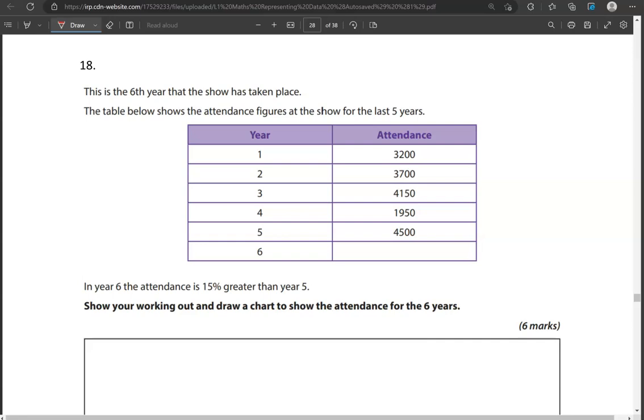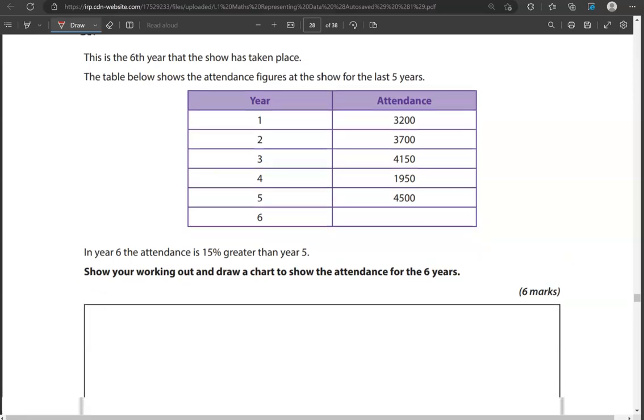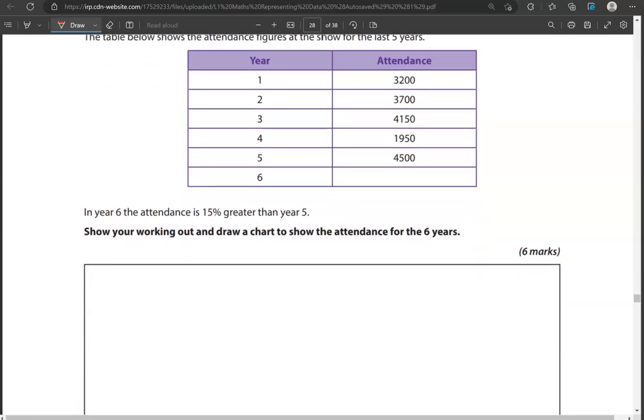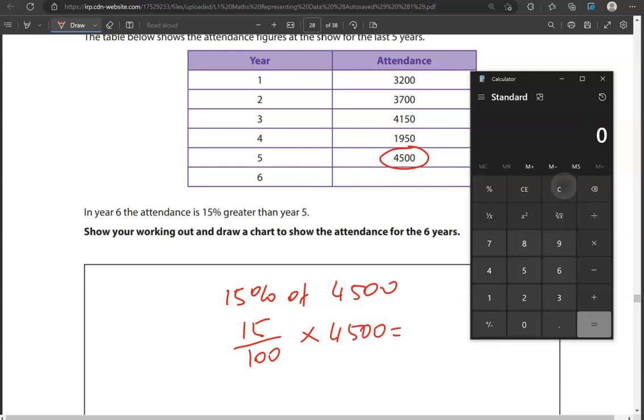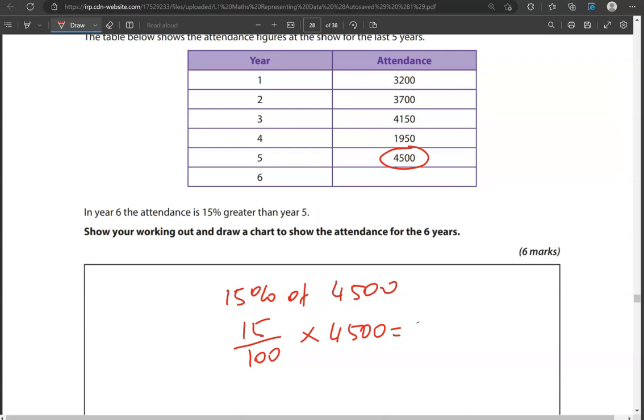We'll start by working out the attendance for Year 6, and it's 15% greater than Year 5. For Year 5, that is 4,500, so we'll work out 15% of 4,500. 15%, that's 15 out of 100, of 4,500. So using a calculator, we'll do 15 divided by 100 times 4,500, which is 675.